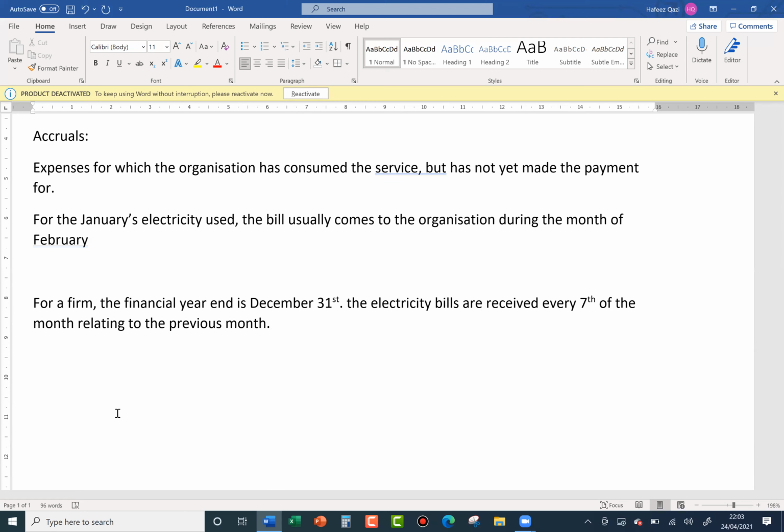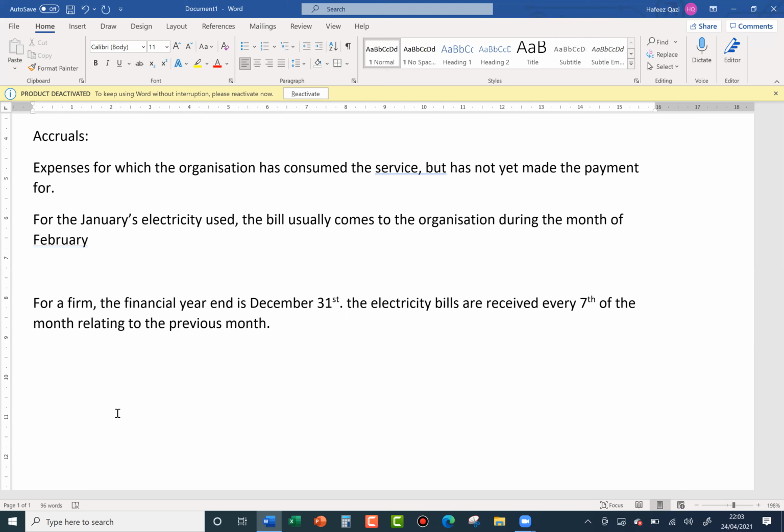So whatever electricity we use in January, the bill will be received on 7th of February. Whatever electricity we will use in the month of February, the bill will be received on 7th of March. And this keeps on going.